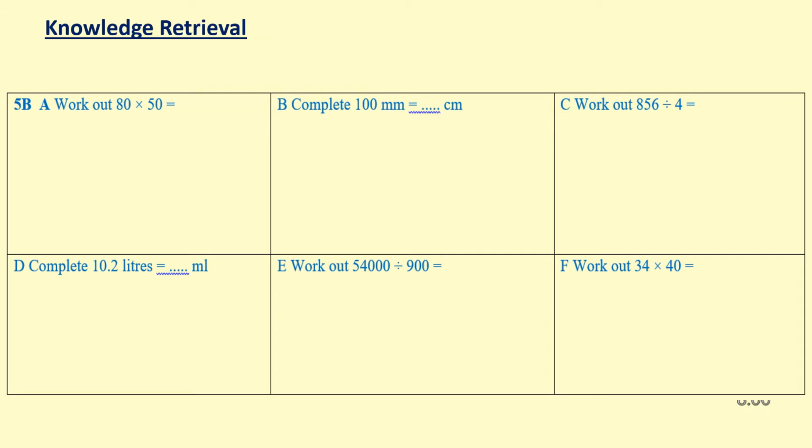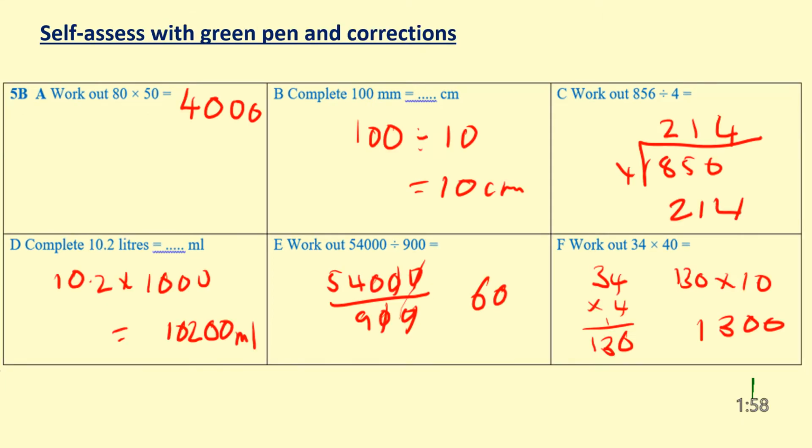Here is your knowledge retrieval. 5B we're up to. Please pause the video and attempt it, and give yourself 8 minutes to do this. Press play when you're ready for the answers. Here are your answers.